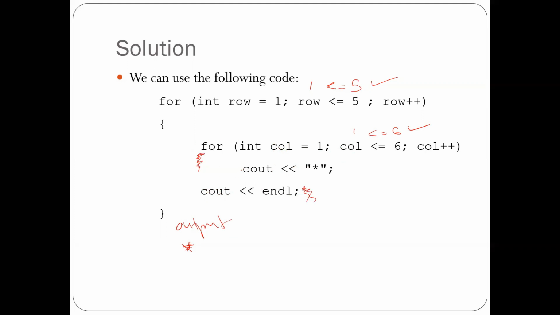So sampai sini je. Lepas tu dia akan naik balik jadi 2. So adakah 2 less than or equal 6? Yes. Bila yes, dia akan keluarkan bintang yang kedua. Nampak? So next, naik lagi jadi 3. Keluar lagi yang ketiga. Next, naik lagi jadi 4. Keluar yang keempat. Next jadi 5.